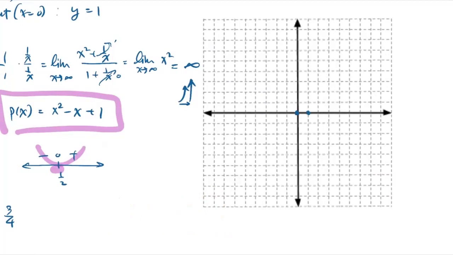And if you plug in a half, that would be 1/4 minus 1/2, which is negative 1/4, right? So it would be like here. And then if you go up 1, it'll go up 1 over here. If you go 2, that'll be about here. And if you connect them, it's going to be like this, right?